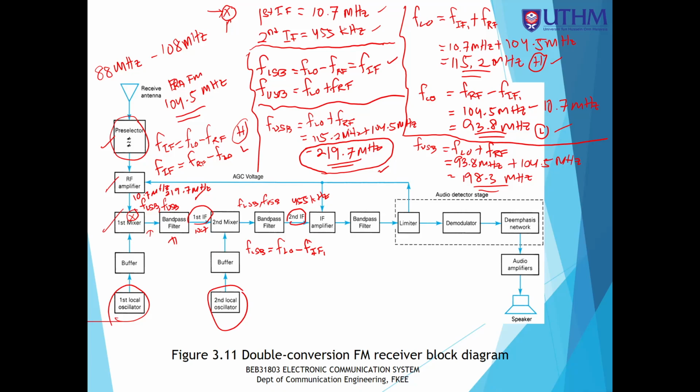We are not using FRF because the input now is the first IF. The input to the second mixer is the first intermediate frequency.